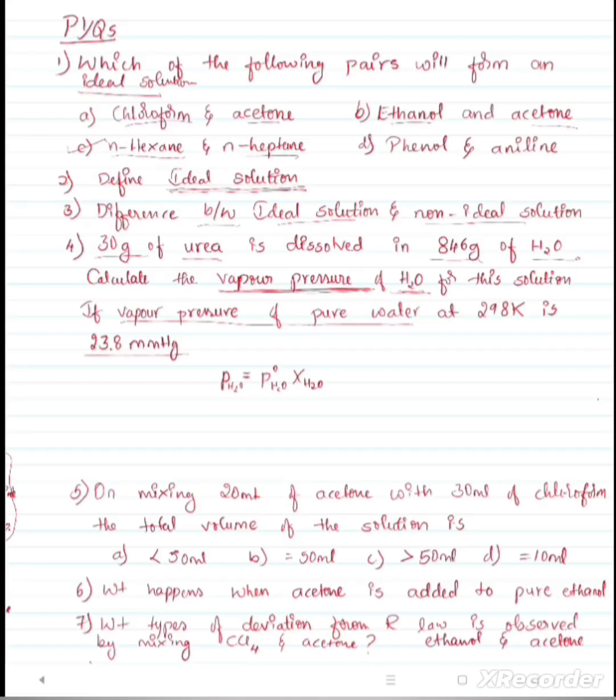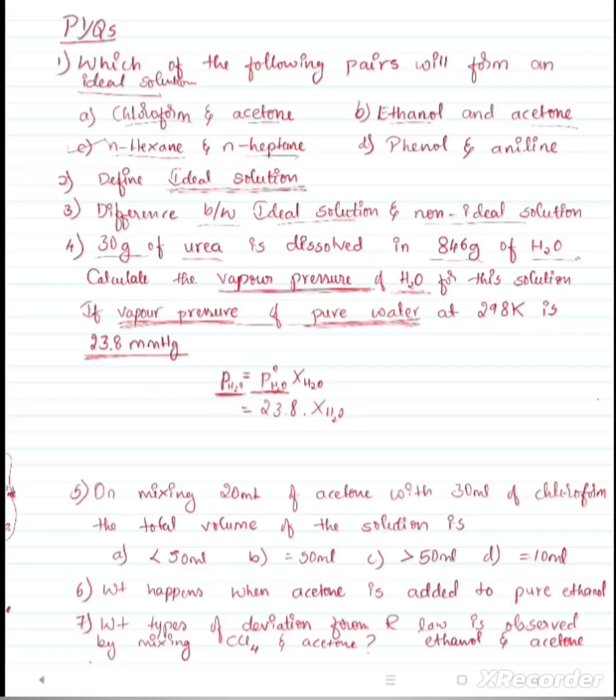After adding to the solution, we call it the partial pressure of water. For pure water, the vapor pressure is 23.8. So P naught is 23.8.